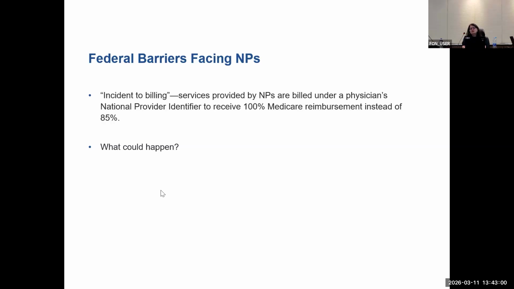Which means if the patient comes to see a physician, the insurance company pays more money than if the patient comes to see a nurse practitioner. And this creates a big issue because then patients can get care by nurse practitioners, but the billing is done by a physician. So this is a big issue that affects a lot of nurse practitioners in the US.